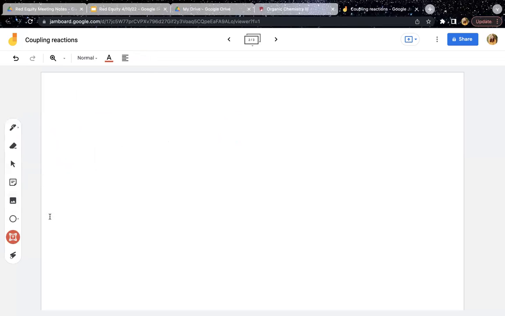And then for NAS2, it's the same thing, but instead it's addition elimination. So you add something on first, and then you end up with something else. It's just a little bit backwards, if you want to think about it like that.